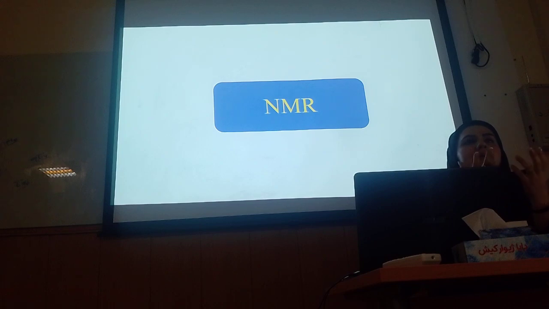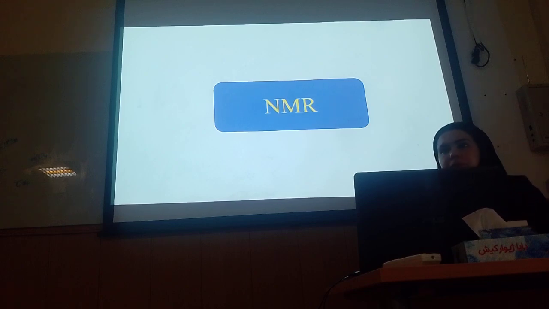To have an MRI image, we have to acquire signal from magnetic resonance imaging. But in this case, we have different names and abbreviations. For example, we have MR, MRI, and NMR, and in some cases we use these terms interchangeably.